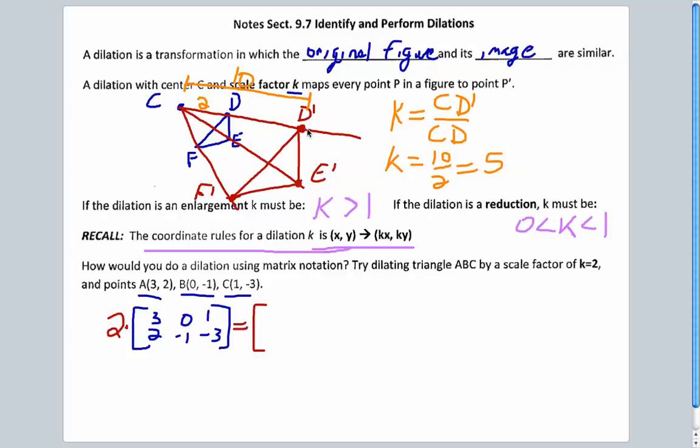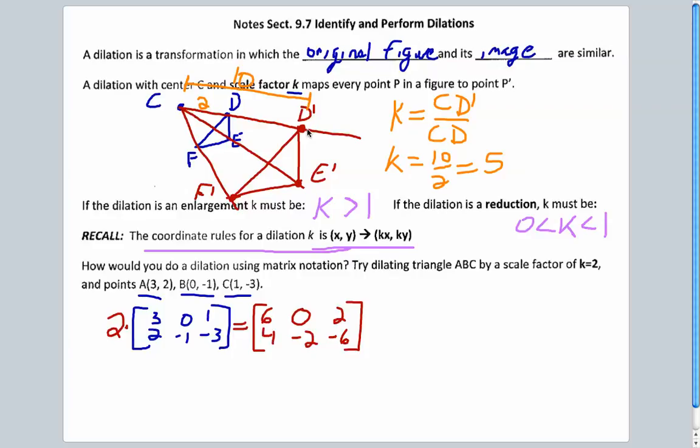So 2 times 3 is 6, 2 times 2 is 4, 2 times 0 is still 0, 2 times -1 is -2, 2 times 1 is 2, 2 times -3 is -6. And that's it for scalar multiplication of matrices.